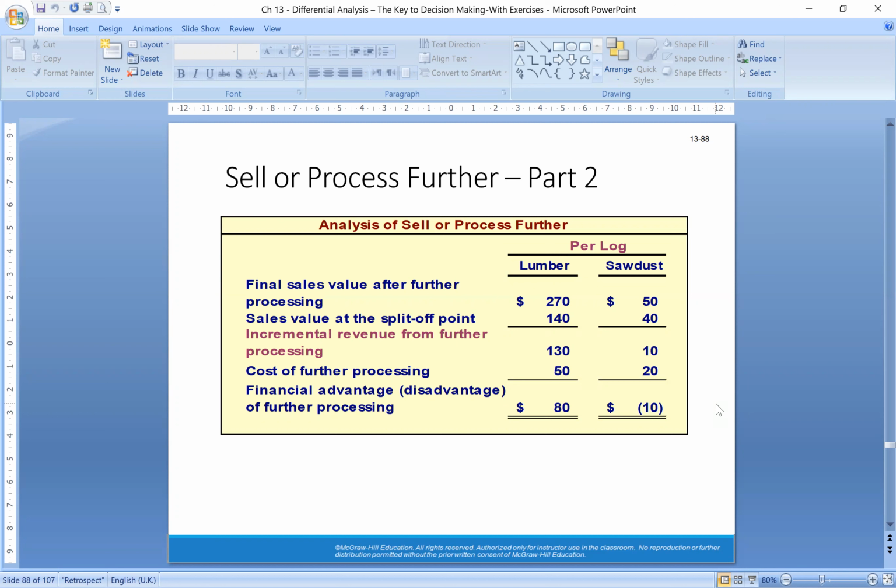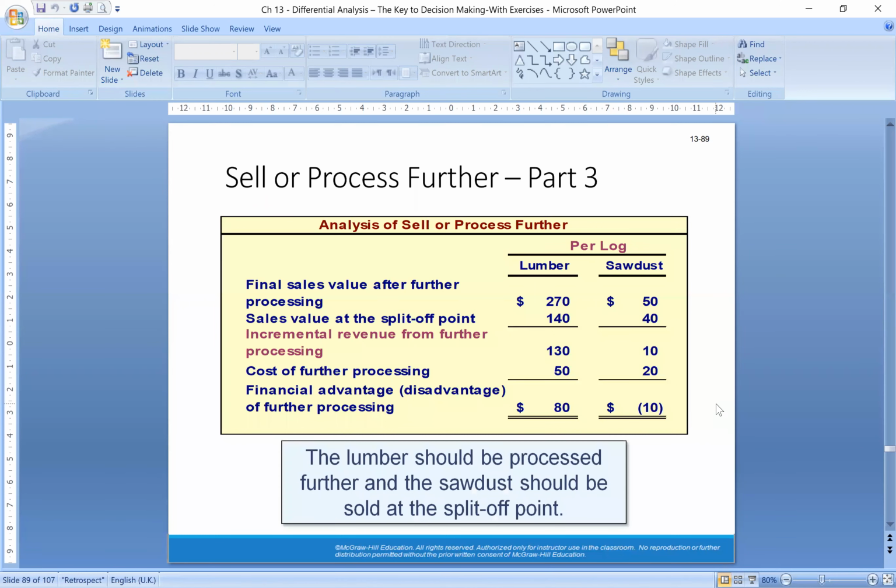But for the sawdust, we have a difference in the revenues of $10, which is 50 minus 40, an advantage for the revenues. But we do have a further processing cost of $20, which means we have a disadvantage if we process the sawdust further. So we will advise to go further for the lumber and sell the sawdust at the split-off point.